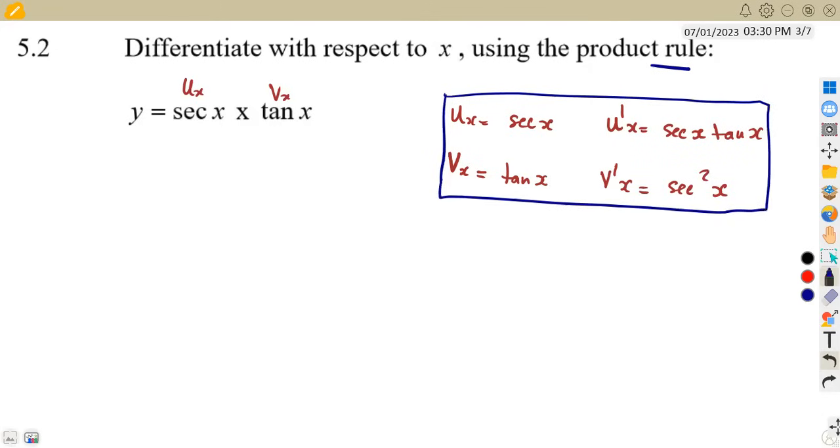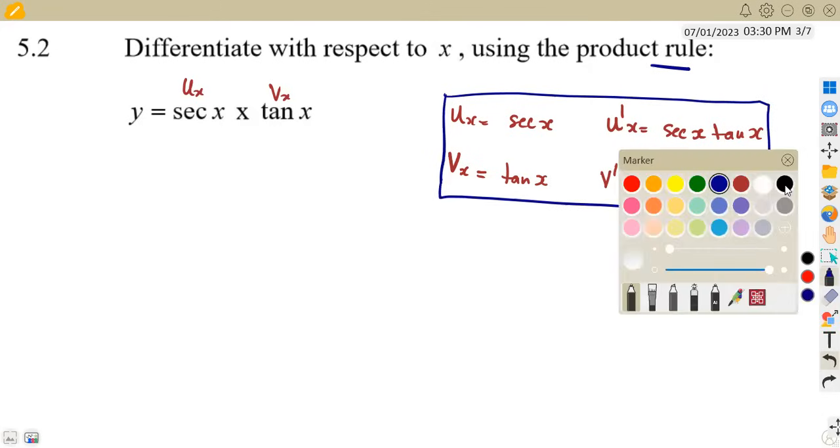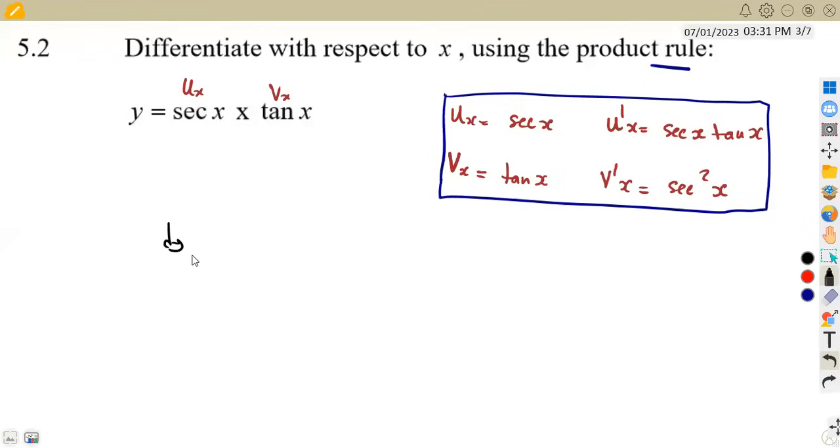So all we need now is to substitute back into our formula, remembering that the derivative of y with respect to x is going to give us u(x) times the first derivative of v, plus, in this case, the first derivative of u times v(x). All right, so let us substitute into our formula and see what we are going to have. Our u(x) in this case is sec x.